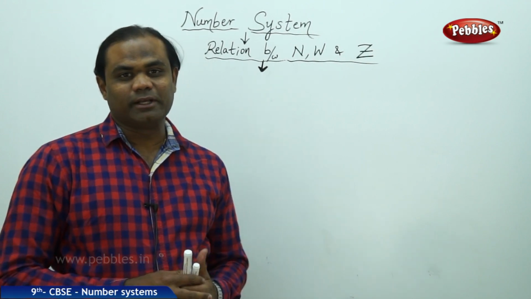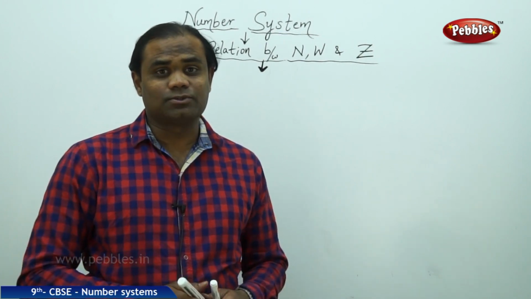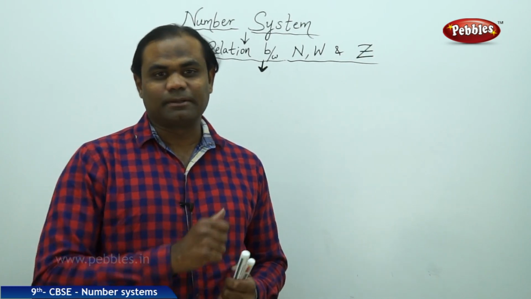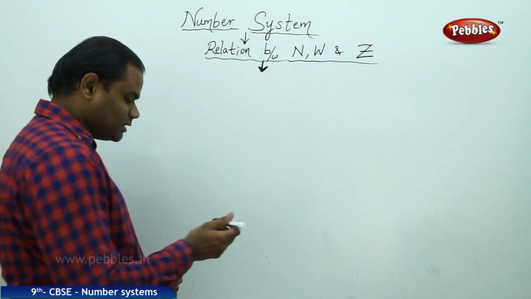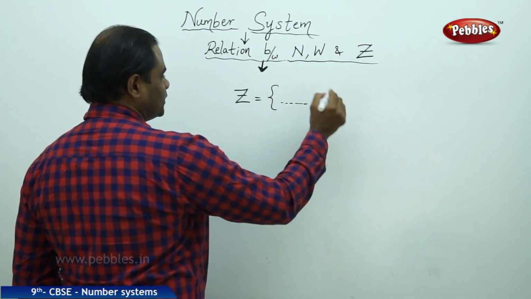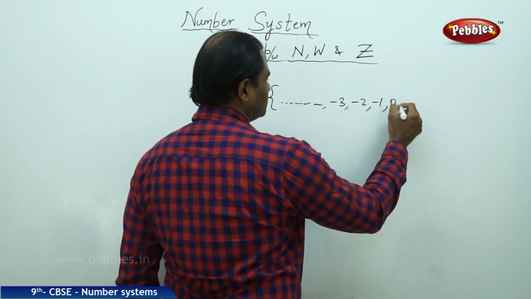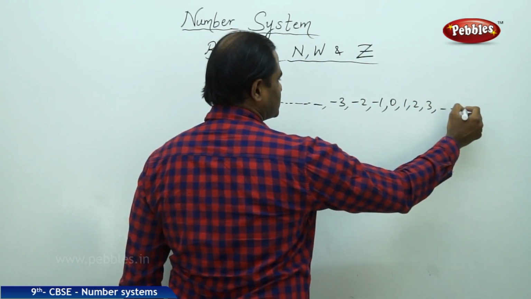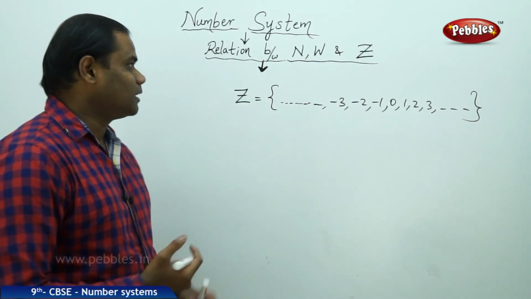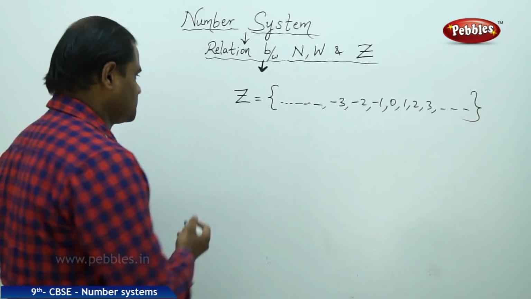Let's see the relation between N, W and Z before we go through different examples to justify the set of integers and its identification in the respective manner. As we have seen, the set of integers denoted by Z is all the negative integers, which is -3, -2, -1, and 0, 1, 2, 3, 4, 5, etc. Let me also take into consideration the set of natural numbers and the whole numbers.